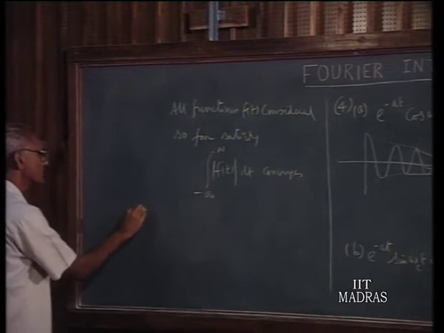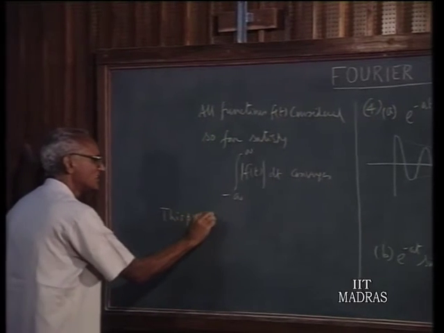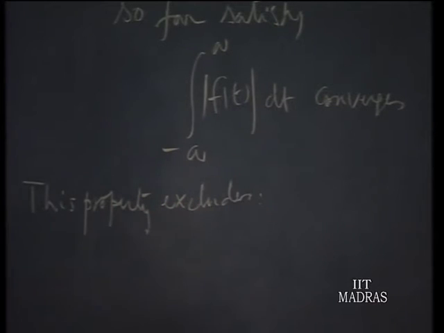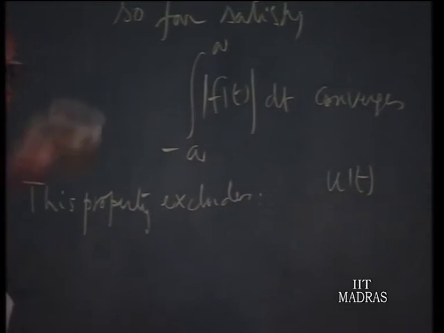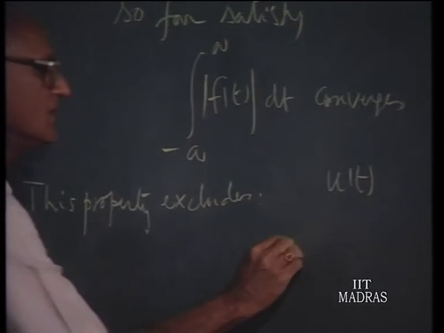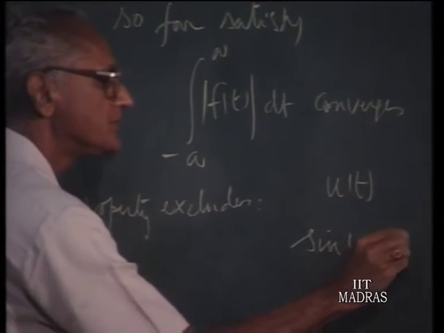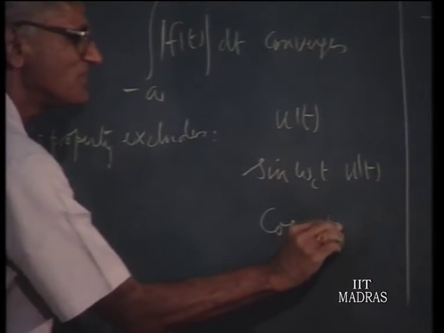This property excludes some desirable functions for which we should like to find the Fourier transform. For example, u of t lasts from 0 to infinity, sin omega c t u t, a sinusoid, cos omega c t u t.